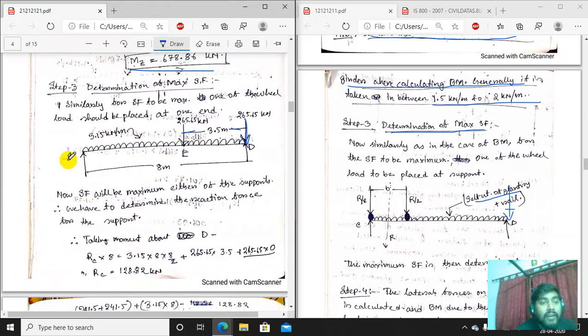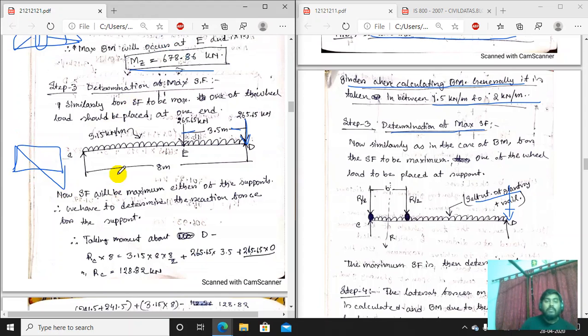Similarly, we have to find out the reactions. When loads are here, you can always see that at the reaction forces, generally the shear force is maximum. So let us find out the reaction forces for this support.